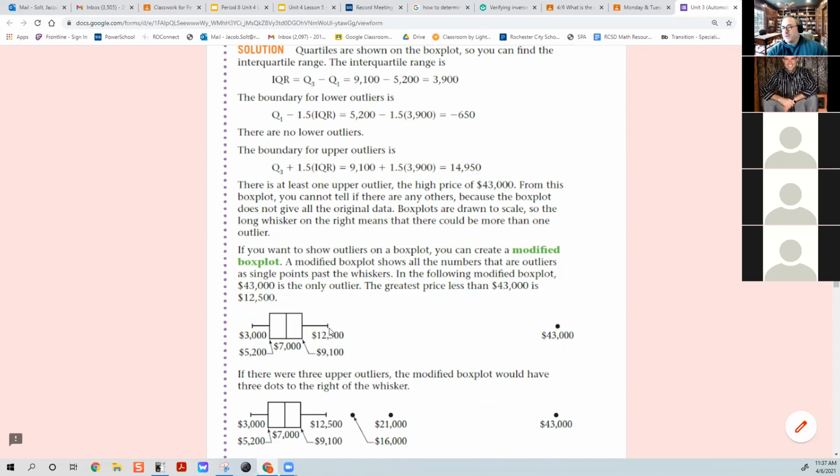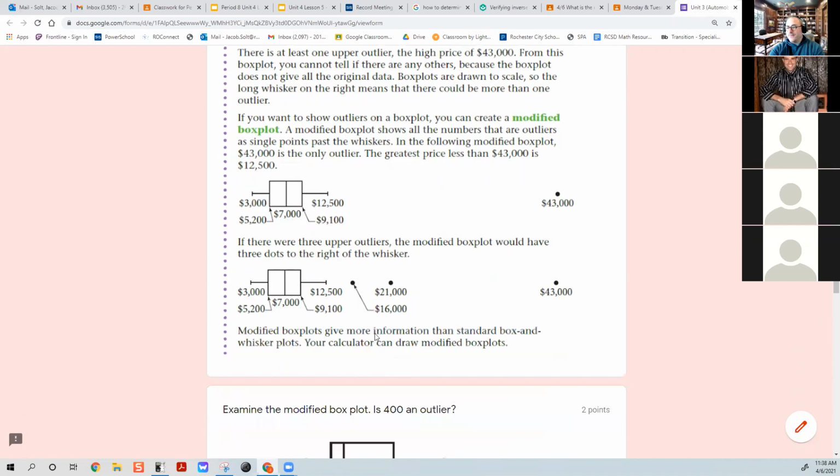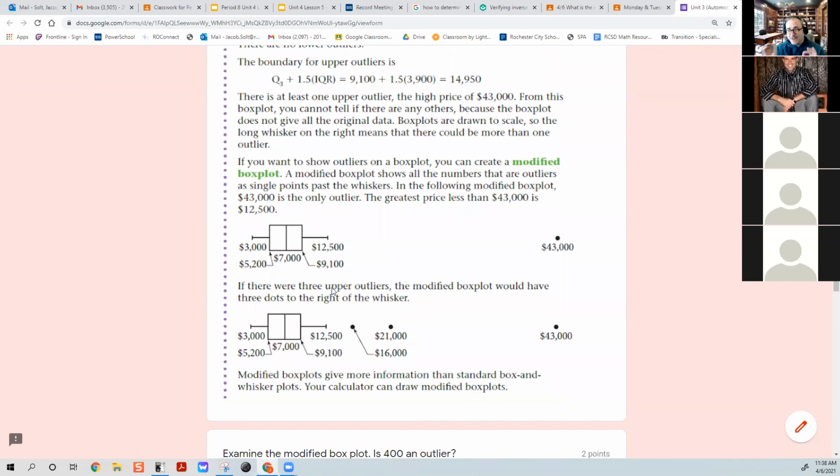So what they did here was they took 1.5 times the IQR past quartile 3, and said that anything past that is going to be an outlier. So they started putting little dots where there are outliers. If you were looking at a modified box plot, it might have a dot here, and those dots represent any outliers in the data.